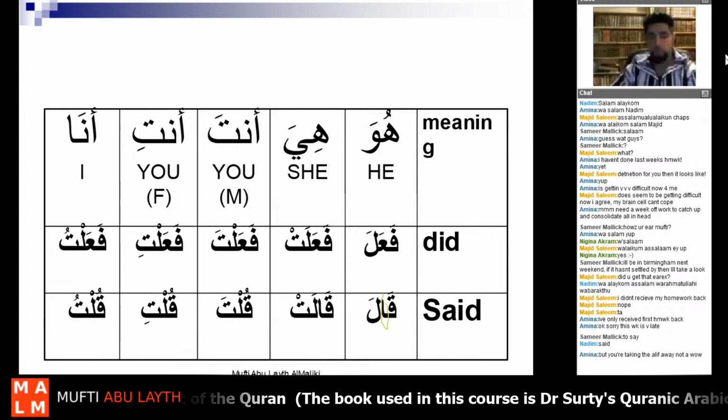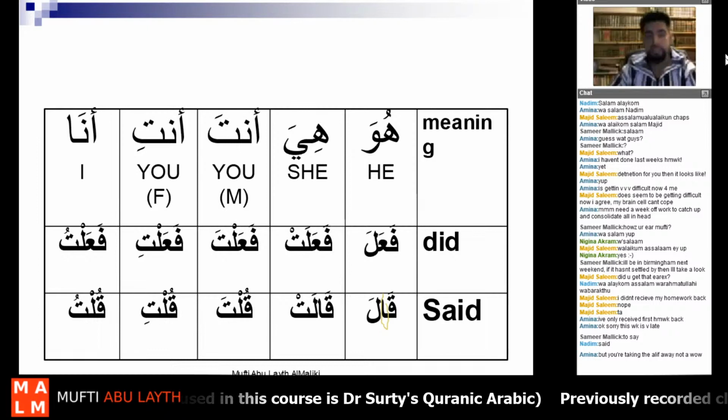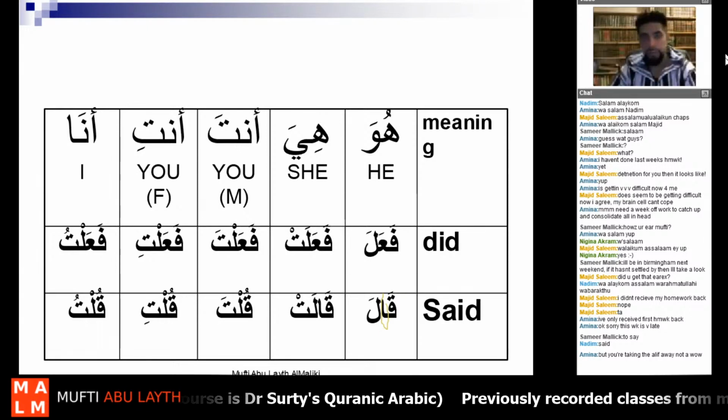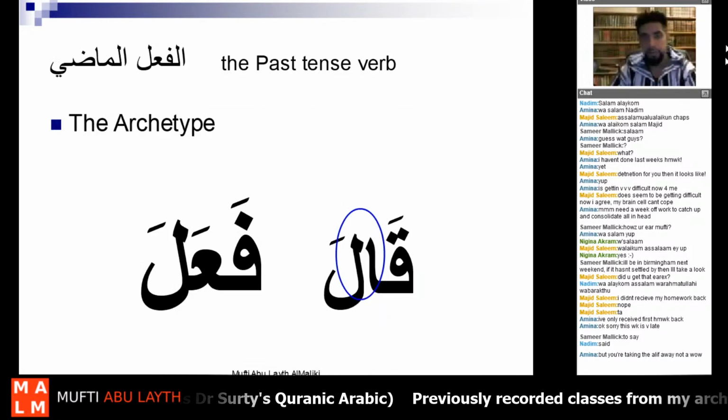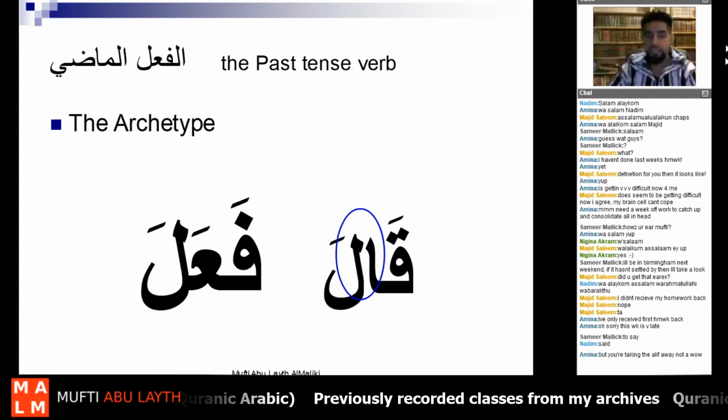If we say sama as an example, sure. Amna's question, good question. What we're taking away here is the alif. You're right, we're taking away this hollowness here. But that hollowness in qala is representing a missing letter.